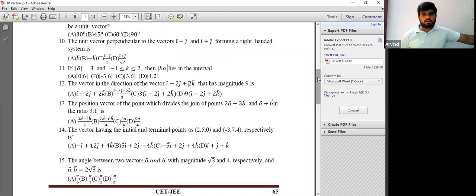Option D comes, correct. So 3a plus 2a, 5a comes. 3b minus 3b cancels and becomes 0. So divided by 3 plus 1, 4. Option D, 5 into a divided by 4. Yeah, that's correct. What about the 14th one? The vector having the initial and terminal points as 2 5 0 and -3 7 4 respectively.